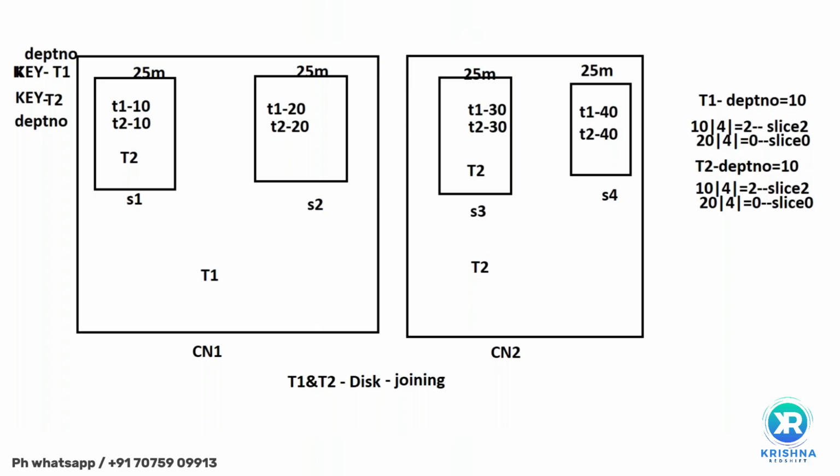See, for example, Somnath is in UP, and Prasad is in Vijayawada, AP. But if I am also in UP, then two people in the same place, that is always better, right? Yes, sir.